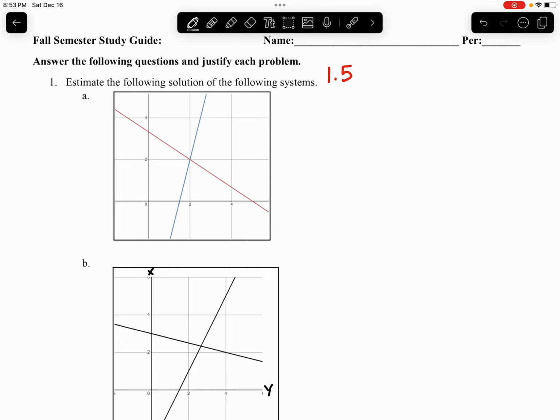If it says estimate, that means it's close to or approximate, and a solution of a system consists of x, y. So in this case, if you look at chapter 1.5, we will see where the solution is, which is just where they intersect.